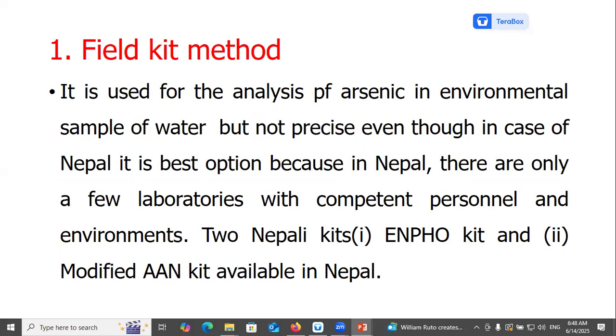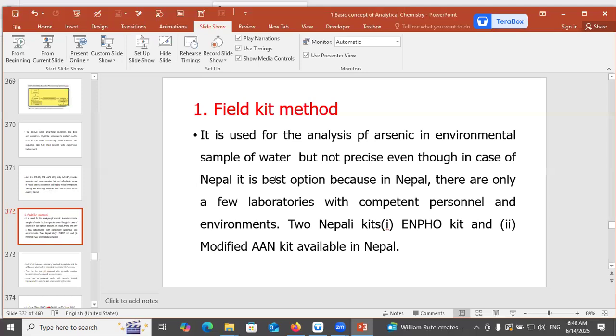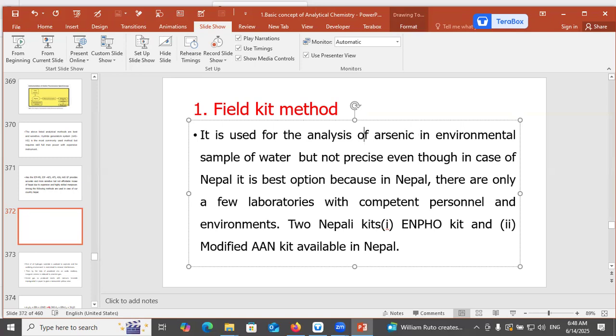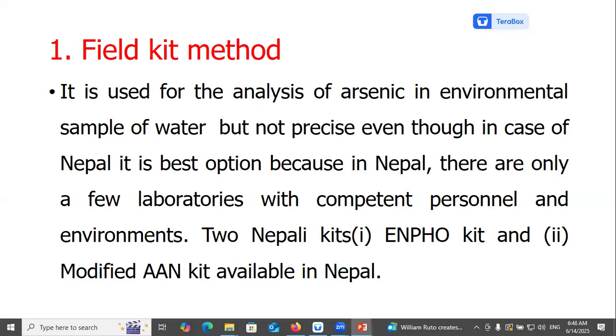It is used for the analysis of arsenic in environmental samples of water but is not precise, even though in the case of Nepal it is the best option because in Nepal there are only a few laboratories with competent personnel and environments.